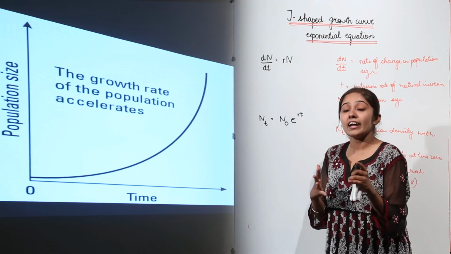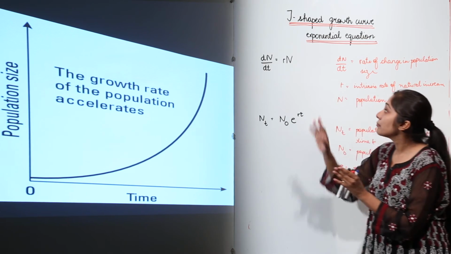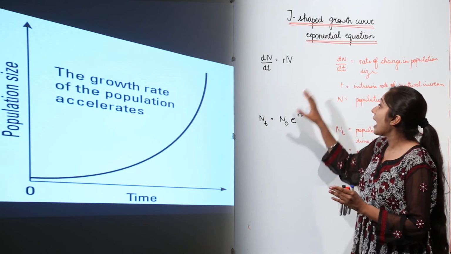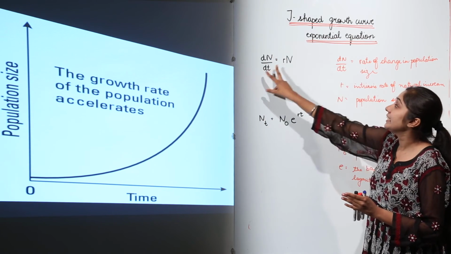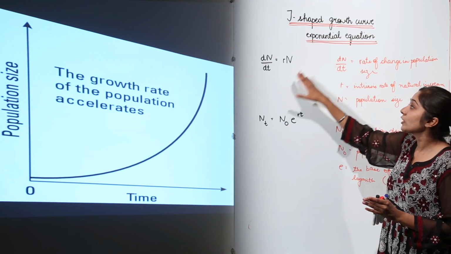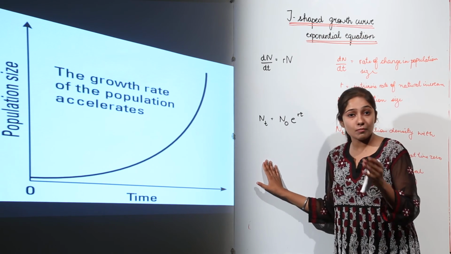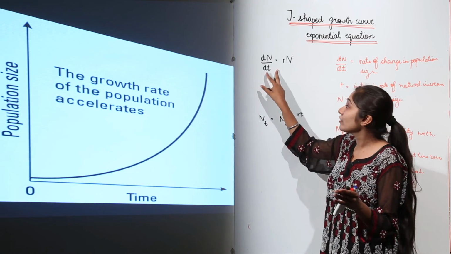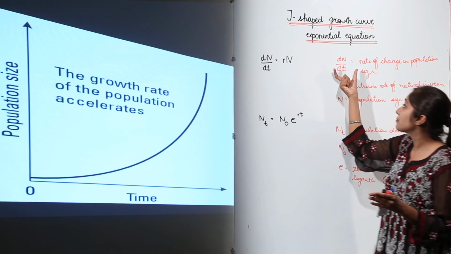But before that, you need to memorize this equation and what each term stands for. This J-shaped growth curve exponential equation is very important from the examination point of view.